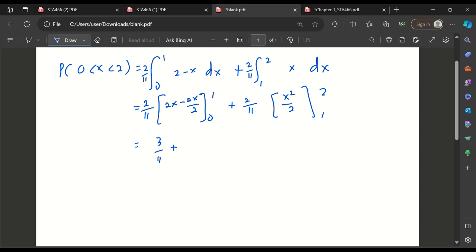Okay, plus this one 2 over 11 multiply 2 minus 1 over 2. So you will get 3 over 11 plus 2 over 11, 3 over 2, right? So you will get 6 over 11 in the end. Okay, the probability of x from 0 to 2 is 6 over 11.